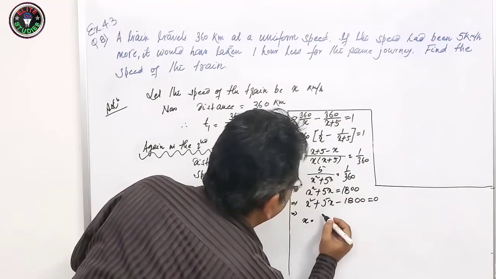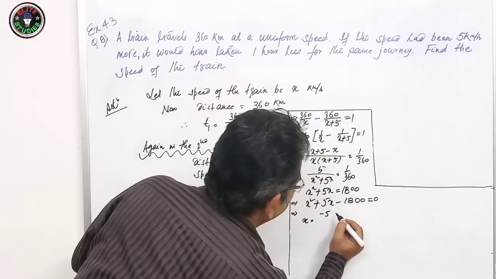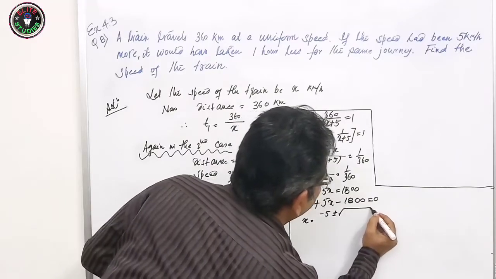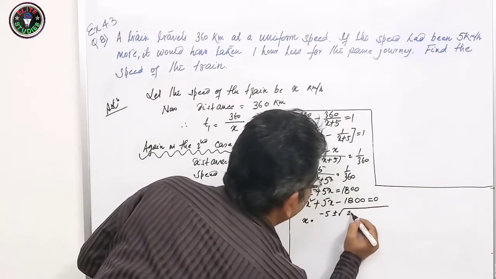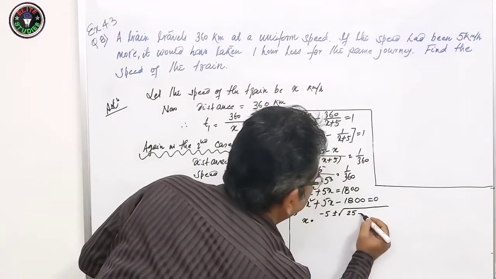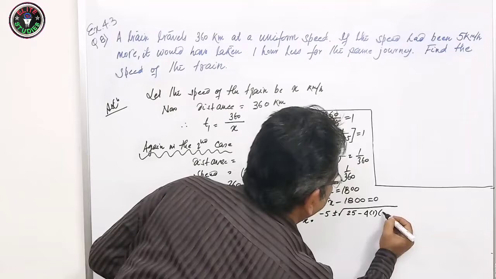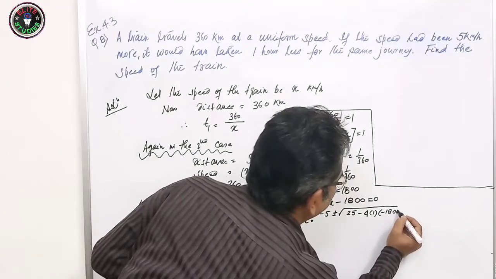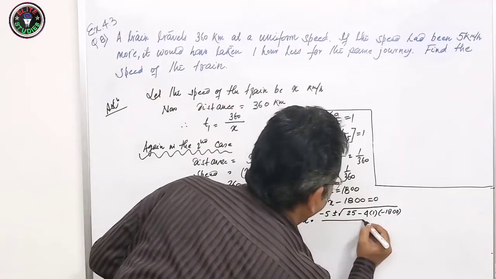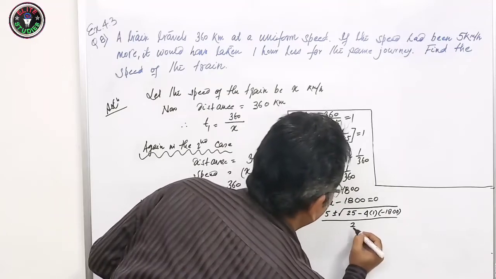So x will be equal to minus b plus minus root over b square, means 25, minus 4 times a, where a is 1 and c is minus 1800, divided by 2a, means 2 into 1, which is 2.